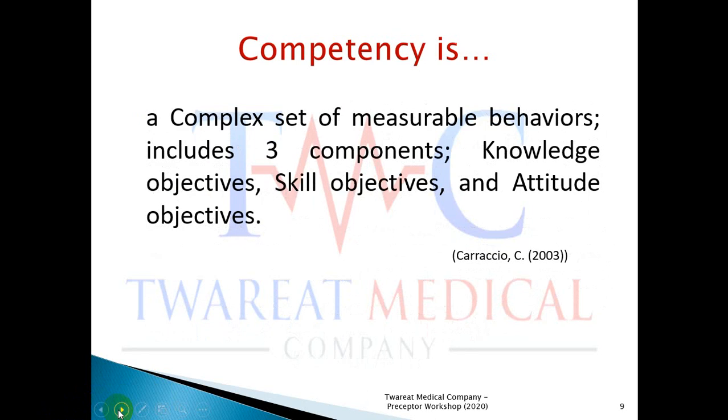On another definition, competency is a complex set of measurable behaviors, which includes the three components: knowledge objectives, skill objectives, and attitude objectives. In terms of knowledge, these are the areas of specialty or expertise, for example, nursing, finance, employment law, or history.